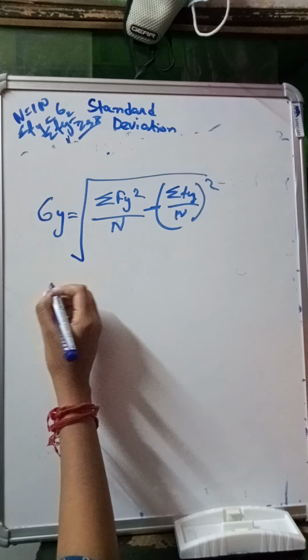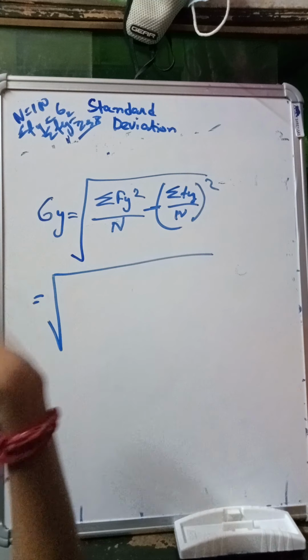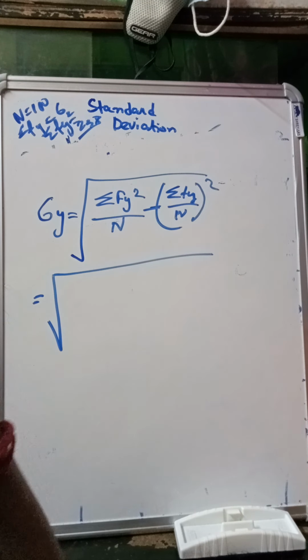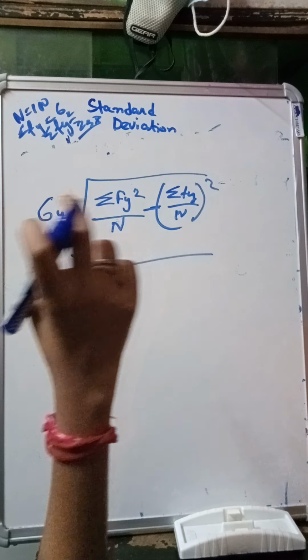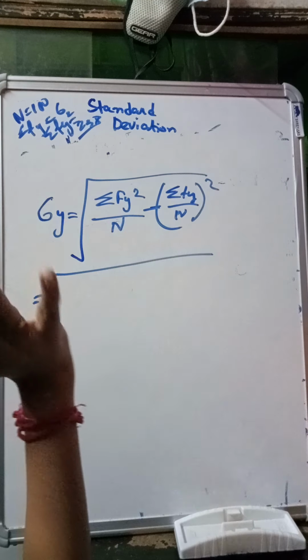So what is my n? n is the summation of the whole frequency column. If we add this up, we get n as 100.